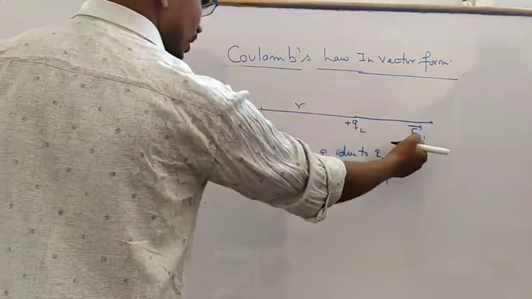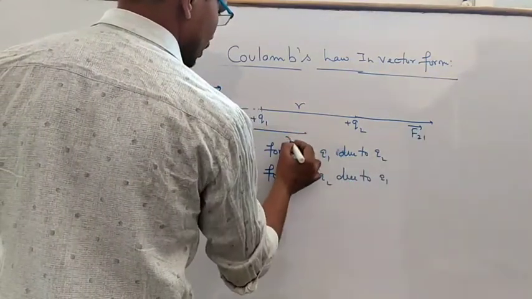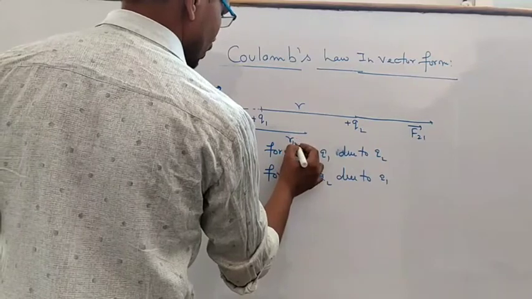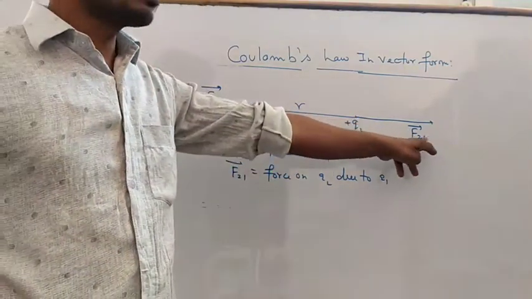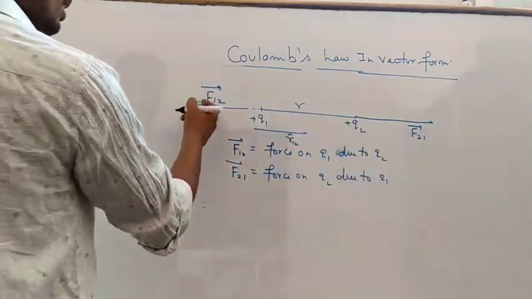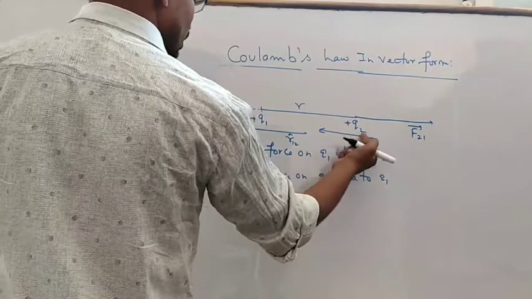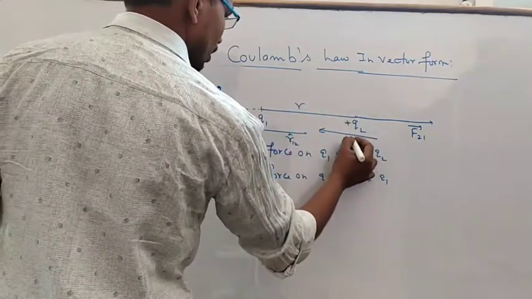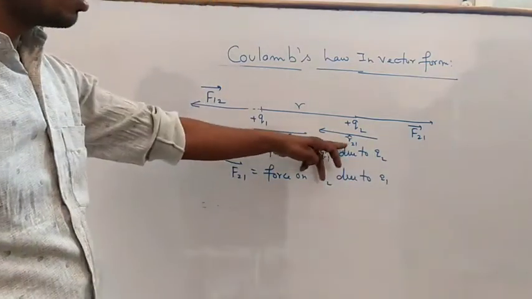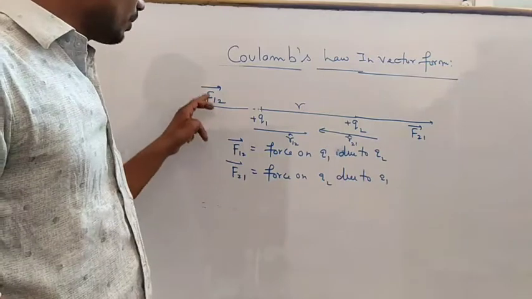Now, in the direction of F21, the unit vector is r cap 12. In this other direction, suppose we assume the unit vector from Q2 to Q1 is r cap 21, the unit vector along the force F12.